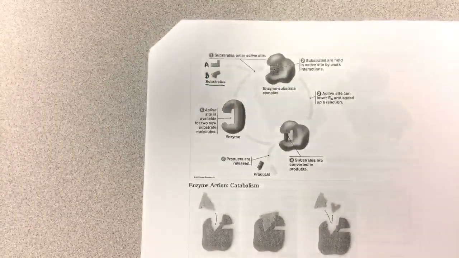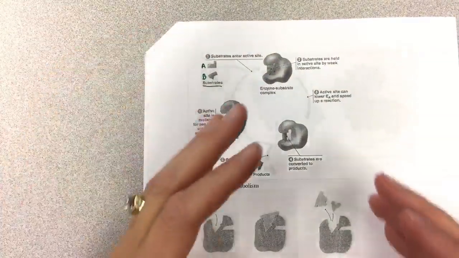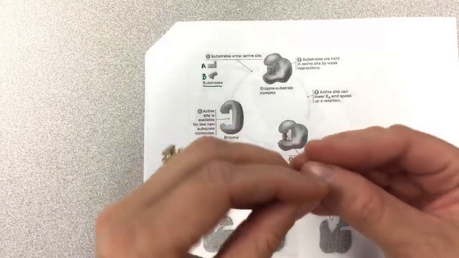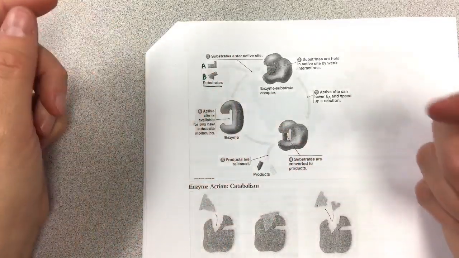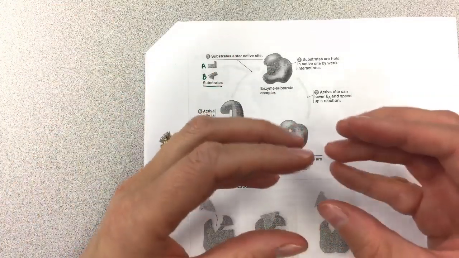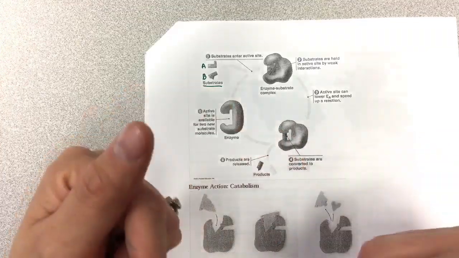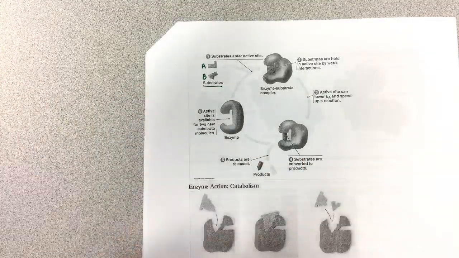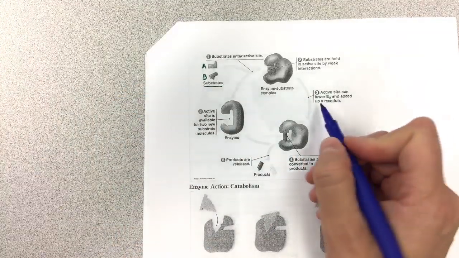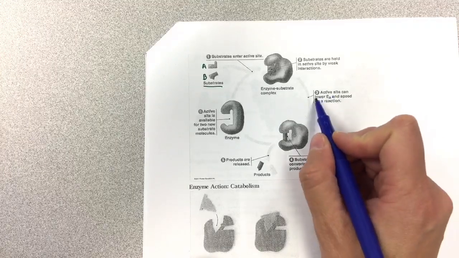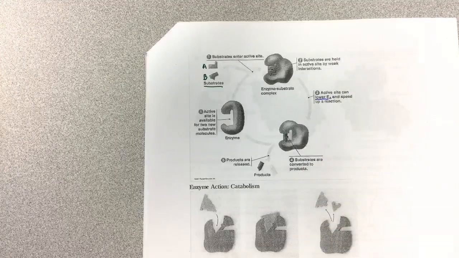My analogy is that it's giving the substrate a little hug. What that does is put stress on bonds, which helps convert the substrates into product. When it does that, it lowers the activation energy. So the active site can lower the activation energy and speed up a reaction.